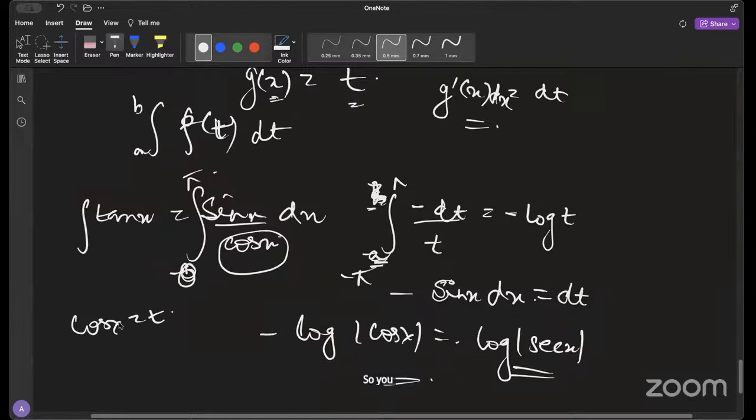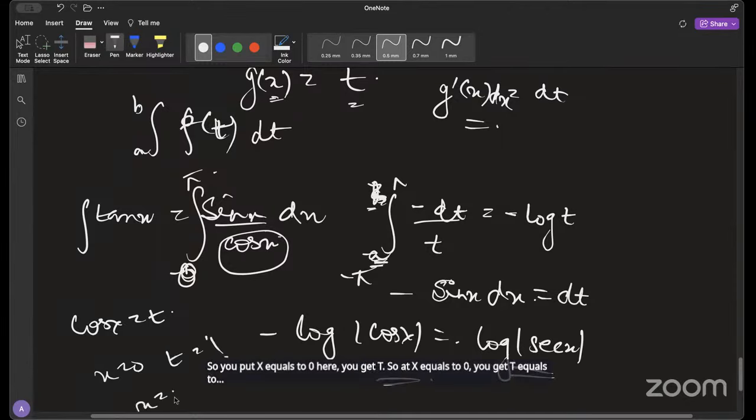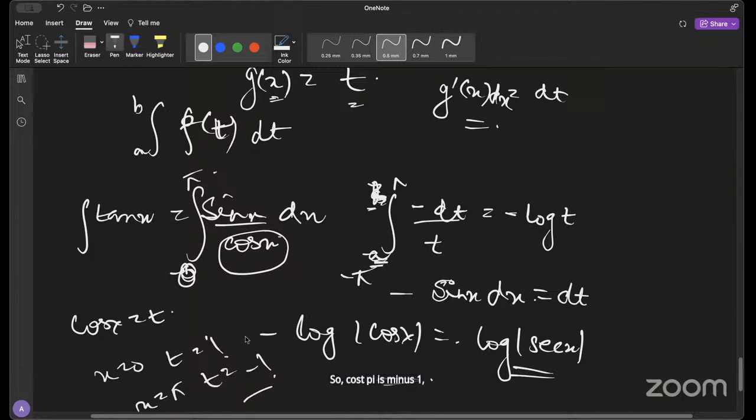So you put x equals to 0 here, you get t. So at x equals to 0, you get t equals to 1. And at x equals to pi, you get t equals to cos pi, which is minus 1, right? So the limit changes from 1 to minus 1.